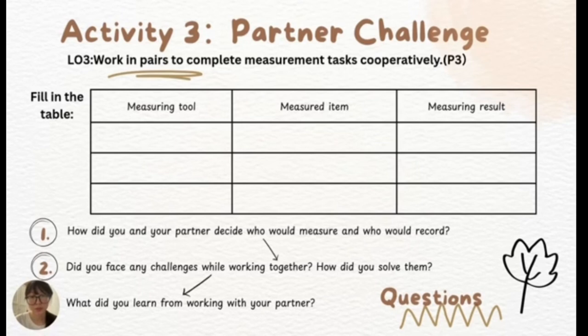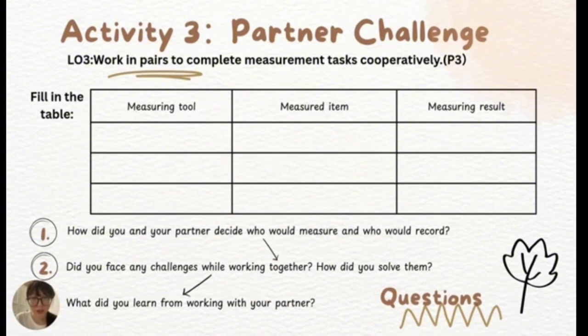They need to divide the work and cooperate, such as one person measures and one records, and then they fill in the results in the form at the top right. The table is divided into 3 columns: the measuring tools used, the tested items, and the measured results.